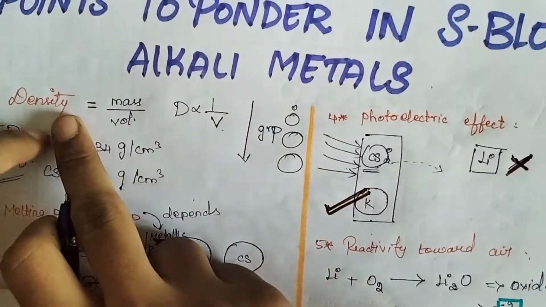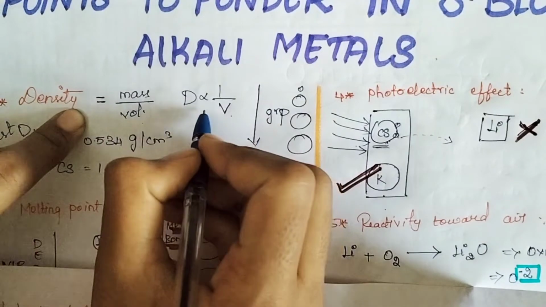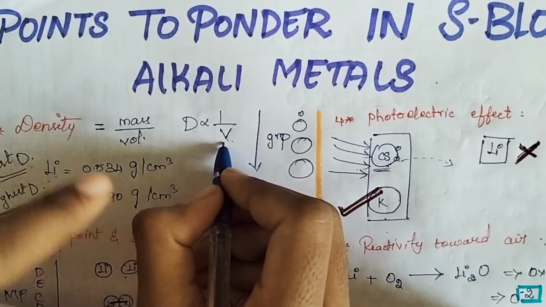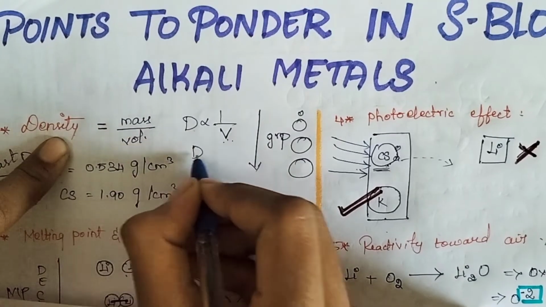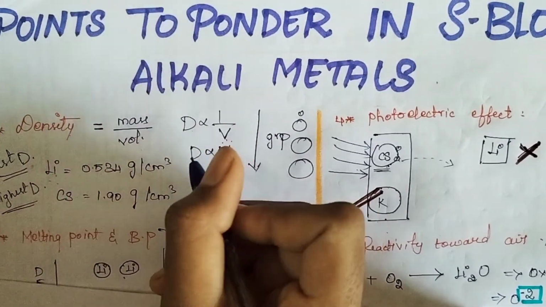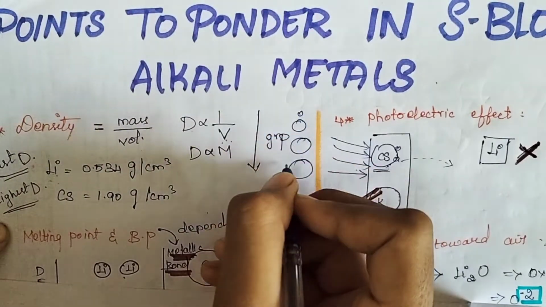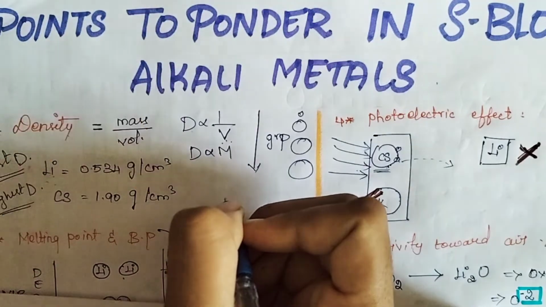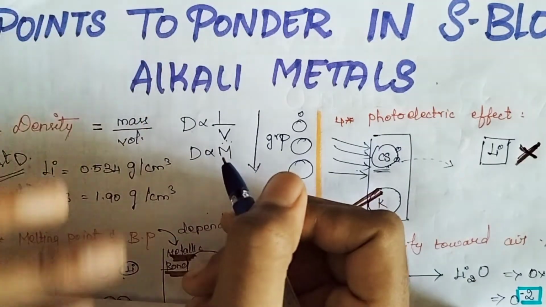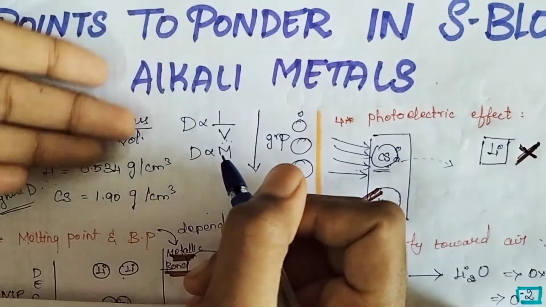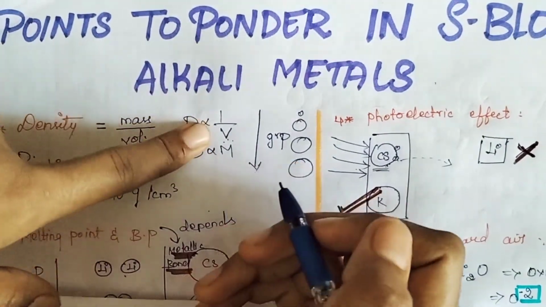See, children, this point, I told you density is inversely proportional to volume. Also density is directly proportional to mass. But why does the density increase down the group? It means the increase in mass cannot overcome the increase in volume.